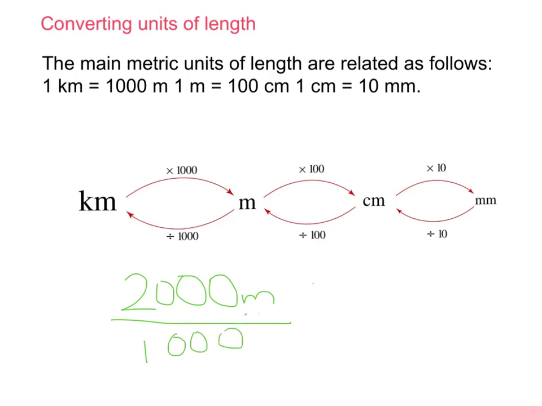I need to divide by 1,000 because I'm going from a smaller unit to a larger unit. I have the measurement in a smaller unit, and I'm going to a larger unit. We know that there's 1,000 metres in 1 kilometre. So we're expecting to find an answer of 2 kilometres. There is 2,000 metres, 2 kilometres.